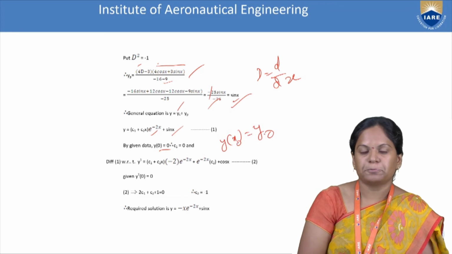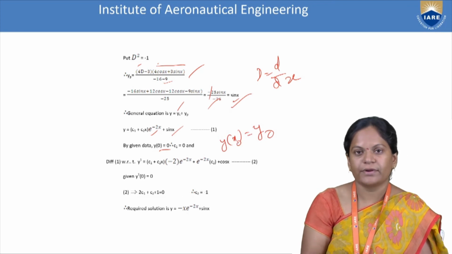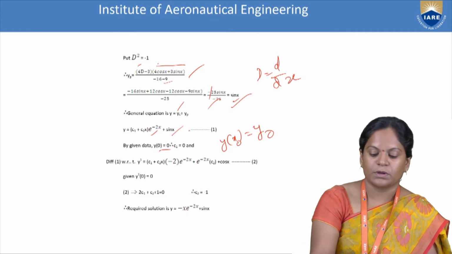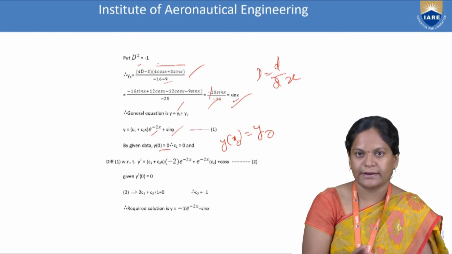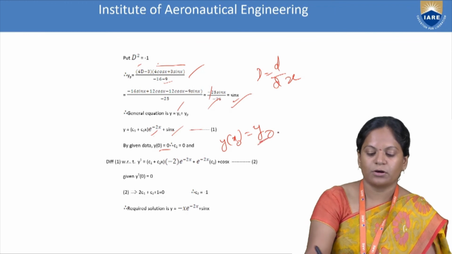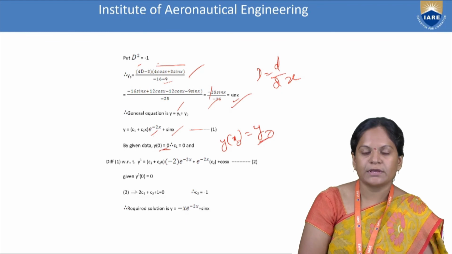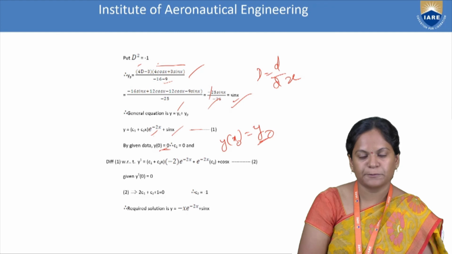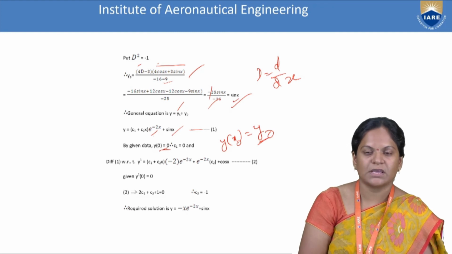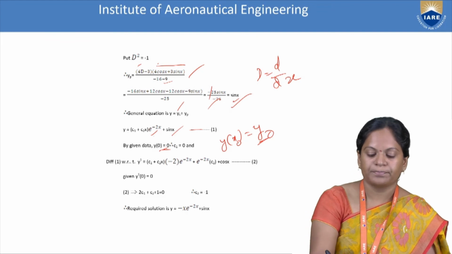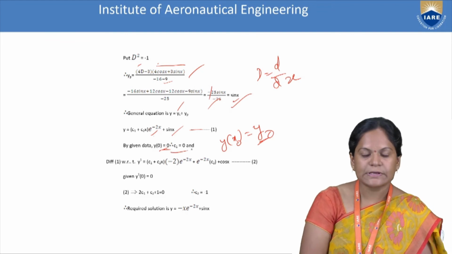In equation 1, substitute 0 in place of x; the left-hand side y becomes 0 and y naught also becomes 0. e power 0 is 1, so c1 plus c2x becomes 0, so we have only c1 plus sin 0, which is 0. So c1 becomes 0.